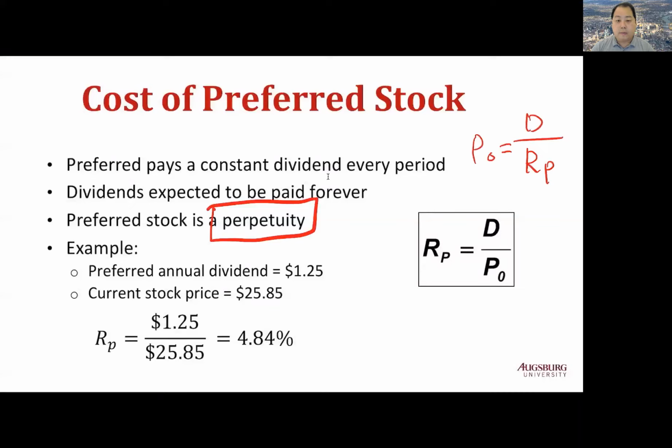So the cost of preferred stock, which is the same as required return, equals dividend divided by price. As shown in the example, if a preferred stock pays $1.25 dividends annually and current stock price is $25.85, the cost of preferred stock is $1.25 divided by $25.85, 4.84%.